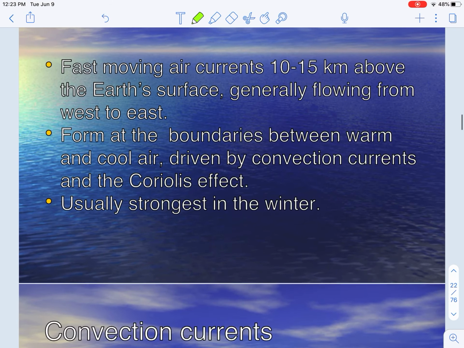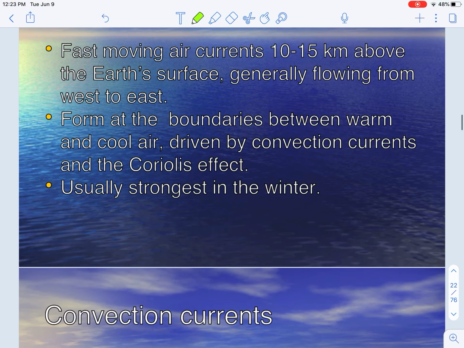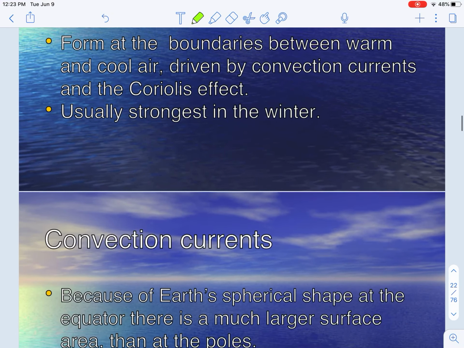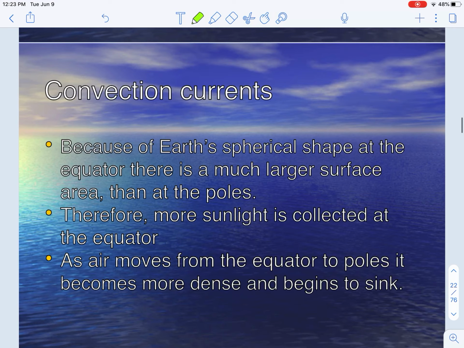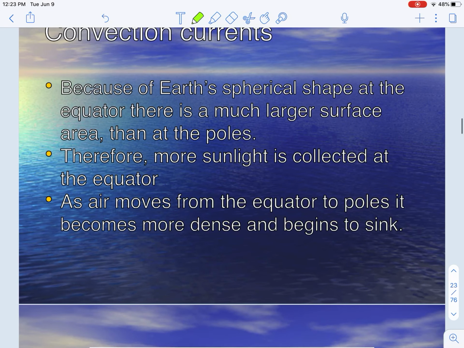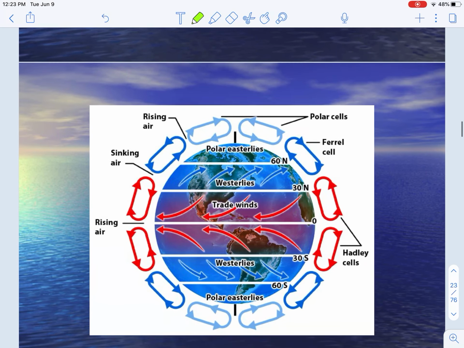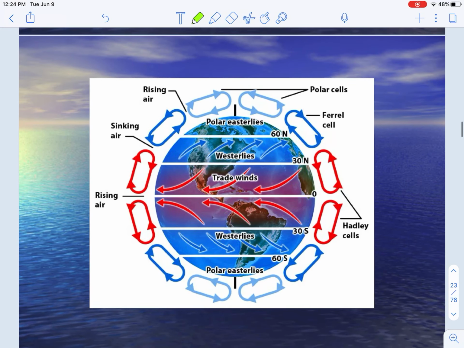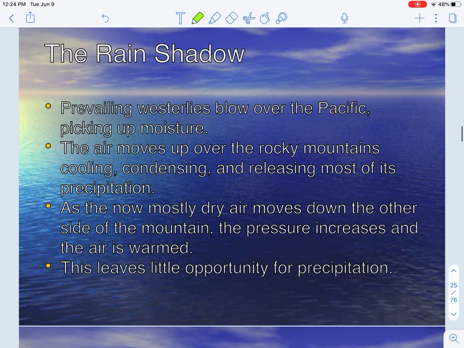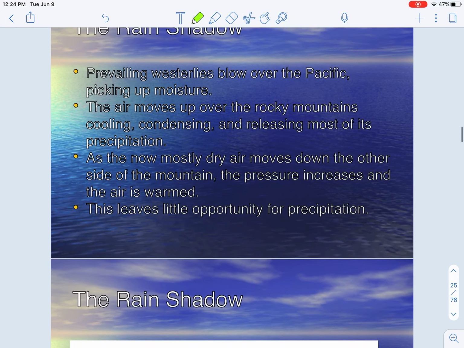And jet streams, referring to the flowing air, are affected by the Coriolis effect, and we usually have the strongest air currents in the winter. The convection currents, as the air is hotter at the equator, tend to rise up from the equator towards the poles, as you see in this picture.